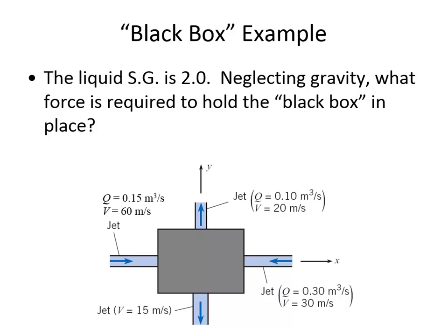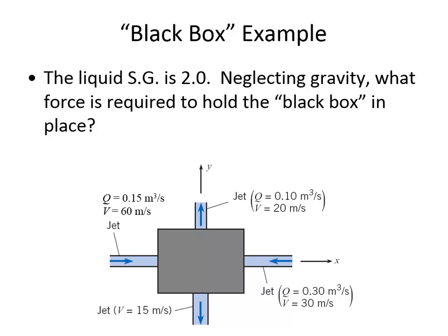So this is 4,000 newtons minus 10,500 newtons. And so the net force required to hold the system steady will be negative 6,500 newtons.